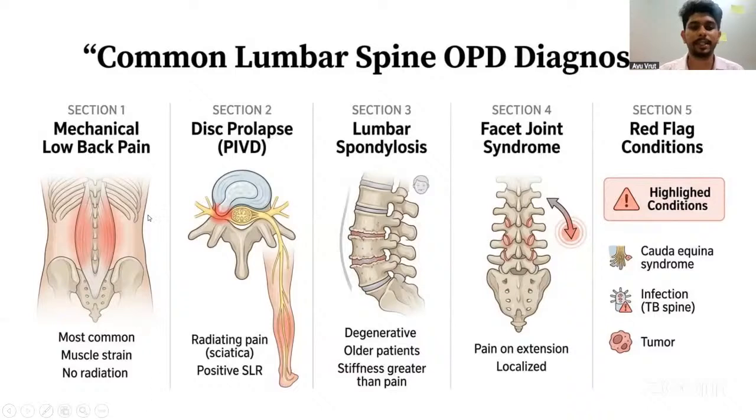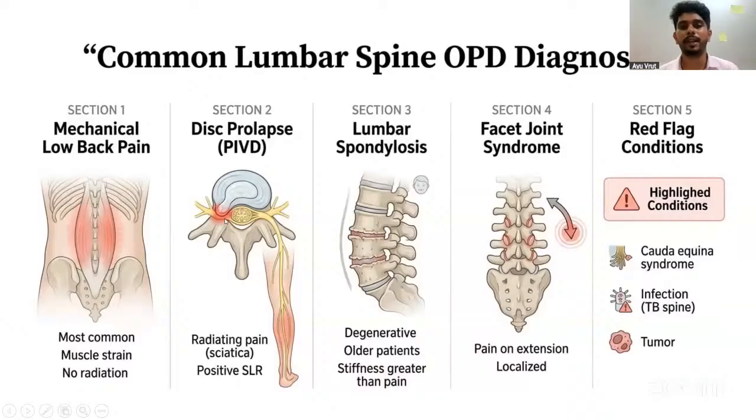As we can appreciate in this image, this nucleus pulposus is penetrating the annulus fibrosus and thereby compressing the nerve, stenosing the nerve. So this is the second most important case you'll see in your OPD.